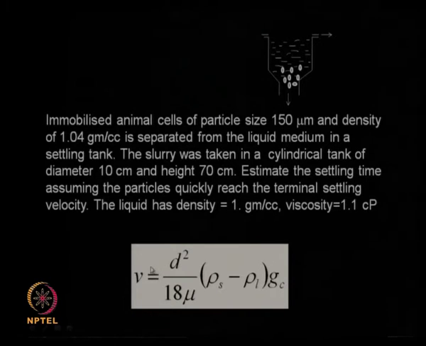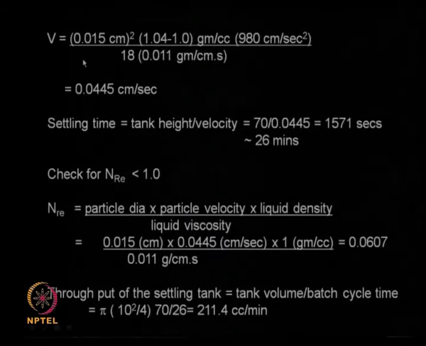Once we calculate the terminal settling velocity, I know the height of the tank. So from there I can calculate how long it will take particle from the top coming down at the bottom, okay, because that is what you want to calculate. You want to calculate the settling time. So we introduce all the terms in our Stokes equation. So we end up with a terminal settling velocity of 0.0445 centimeter per second.